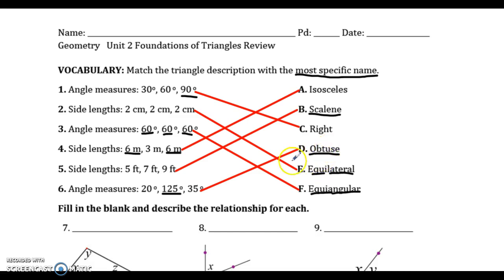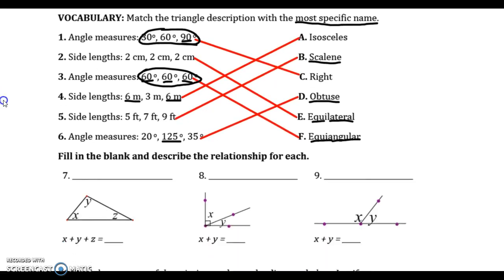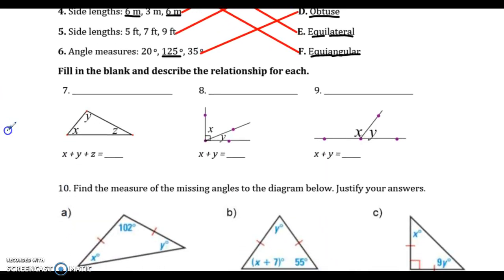So an obtuse triangle has one obtuse angle, whereas most of the other triangles here, like this one for example, this is an acute triangle because all 3 measures are acute. This one, of course, is a right triangle, as we talked about before, because one of the angles is a right angle.